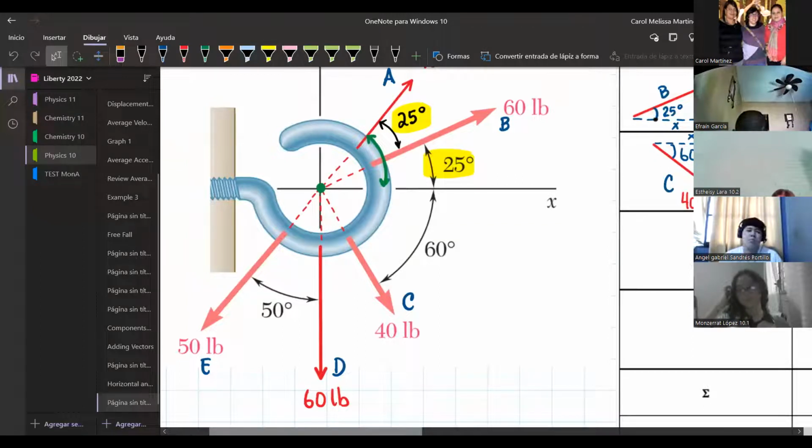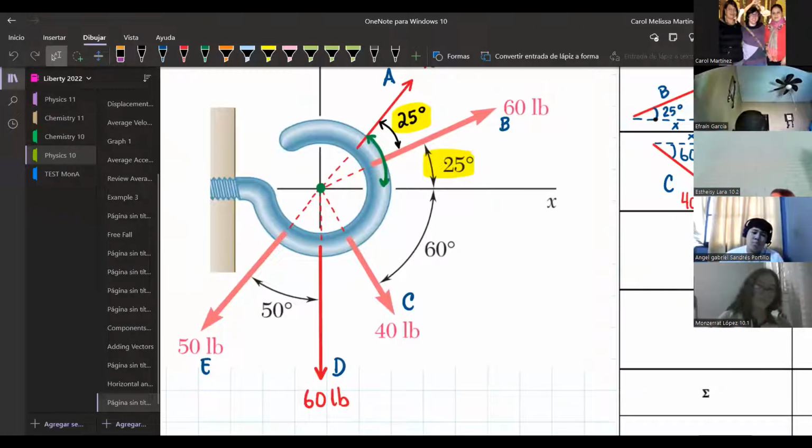The last vector, vector E, is coming like this. And it has an angle of 50 degrees, and these 50 degrees are here. And this vector measures 50 pounds. Okay, this is vector E.